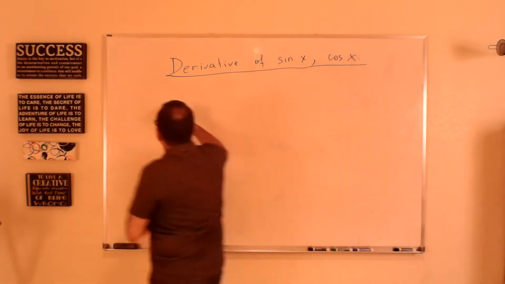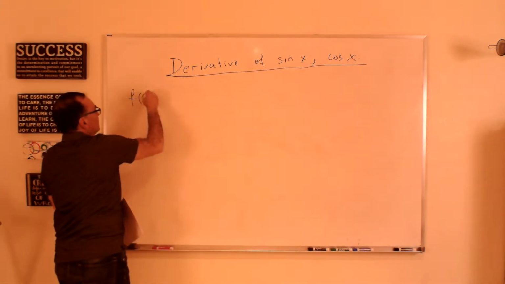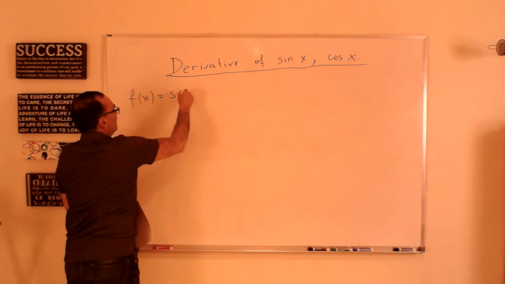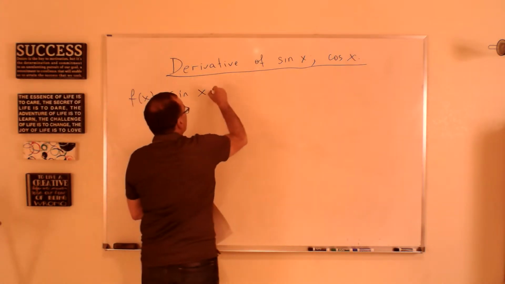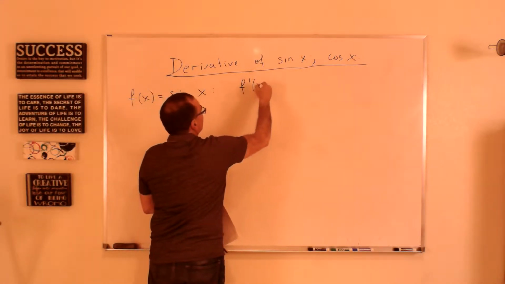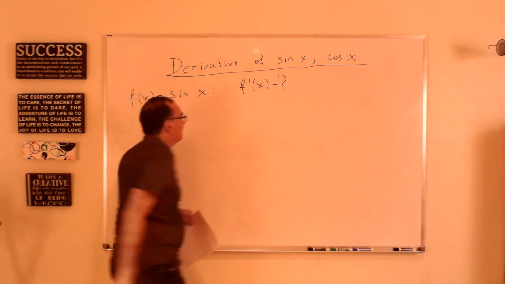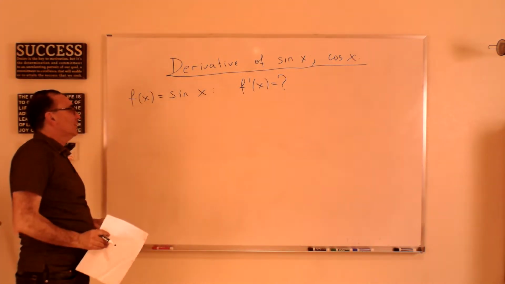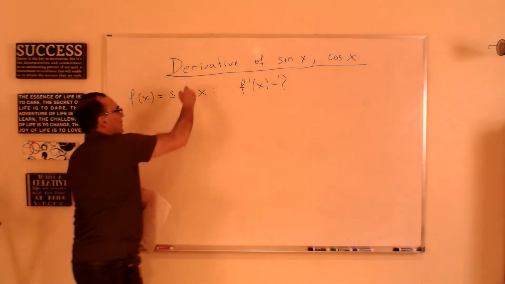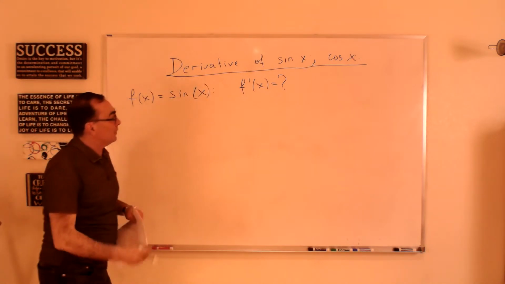So let's say that the given function to find the derivative is sine x, and what is the derivative? So how can we find that? Once again, sometimes we put x in parentheses, sometimes we don't.